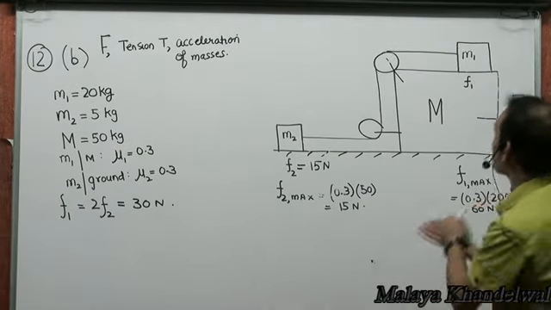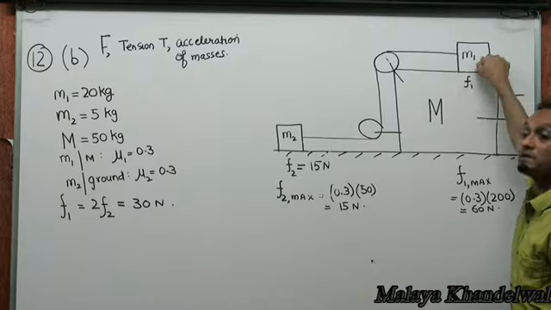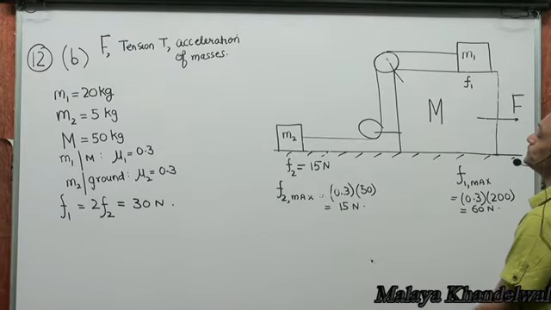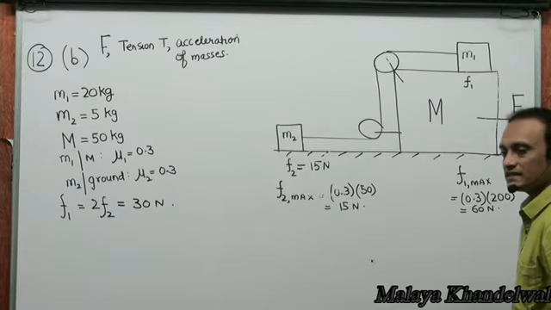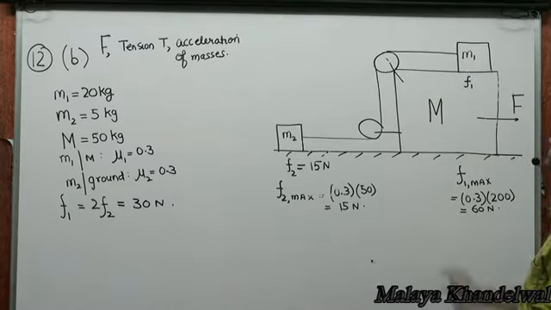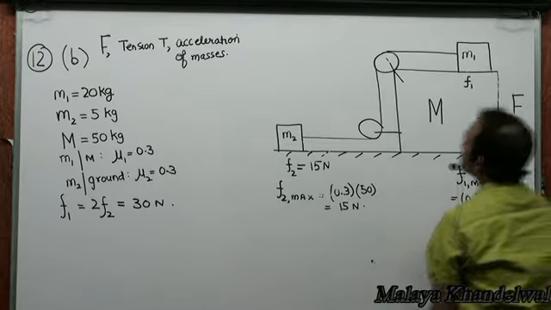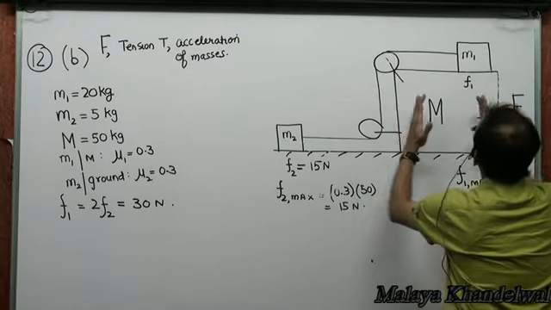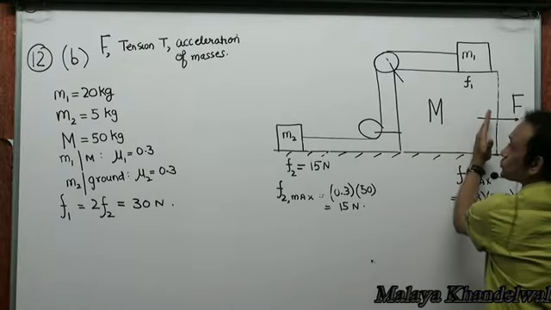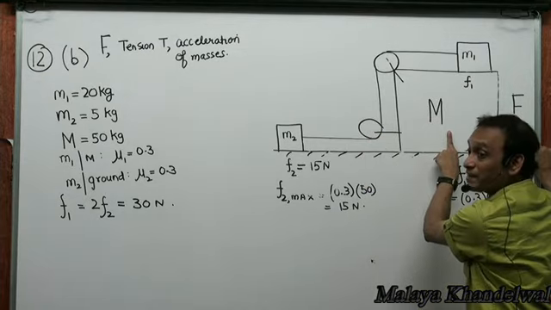M1 is not rubbing over capital M, which means capital M and M1 must have the same acceleration, because there is no relative motion between the two. If this unit moves to the right by a certain amount, and capital M moves to the right by a certain amount, that means this pulley would have moved to the right by a certain amount.